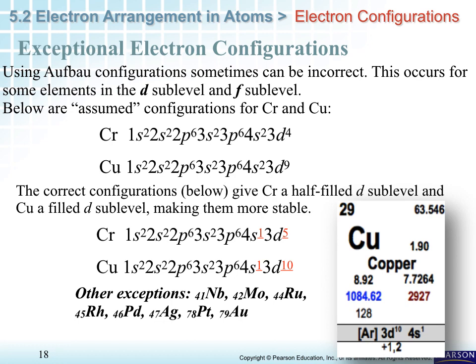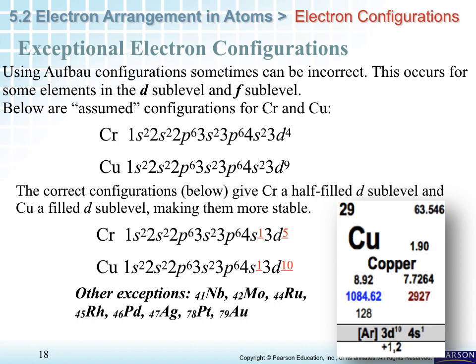But when you look at chromium and copper, you'll see that it's not 4s2 3d4 or 4s2 3d9. It's 4s1 3d5 and 4s1 3d10. The reason is that a half-filled 3d sublevel or a completely filled 3d sublevel is more stable. So one of the electrons from the 4s, which is lower in energy, gets moved up.